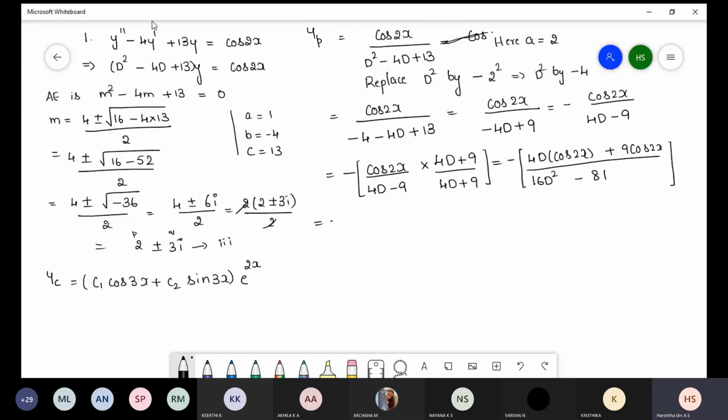So minus 4 into differentiation of cos 2x is minus 2 sin 2x, plus 9 into cos 2x, divided by, here also in the place of D square we have to replace minus 4. Minus 4, again minus 81.